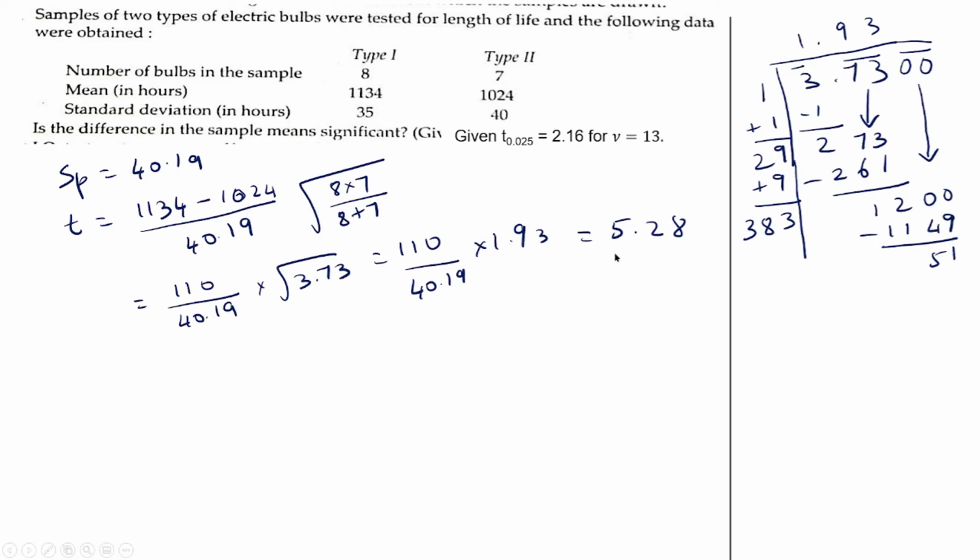Now we can see that this 5.28 is more than 2.16 for nu equal to 13.